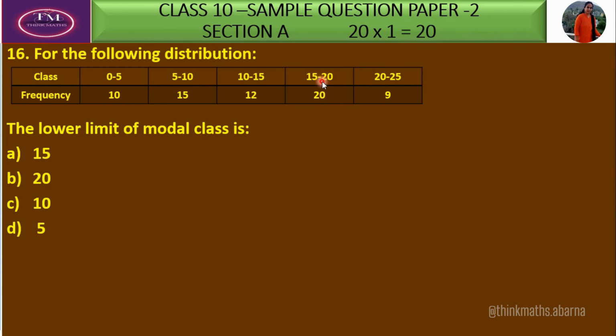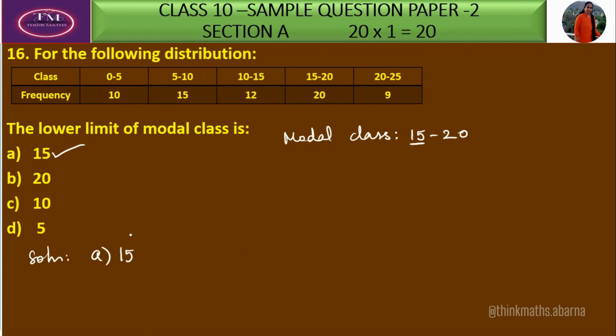Its modal class is 15 to 20. So which is the lower limit? This is upper limit and this is lower limit. So lower limit is 15. So solution is A, 15.